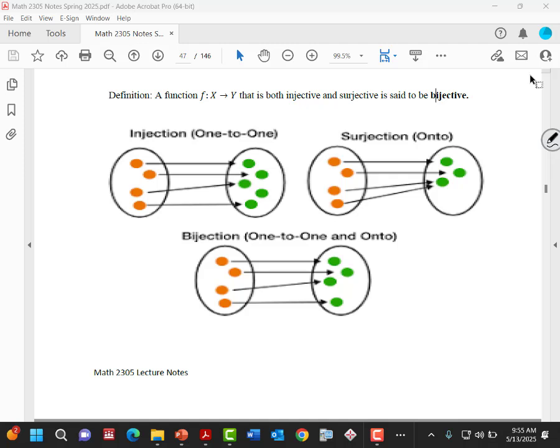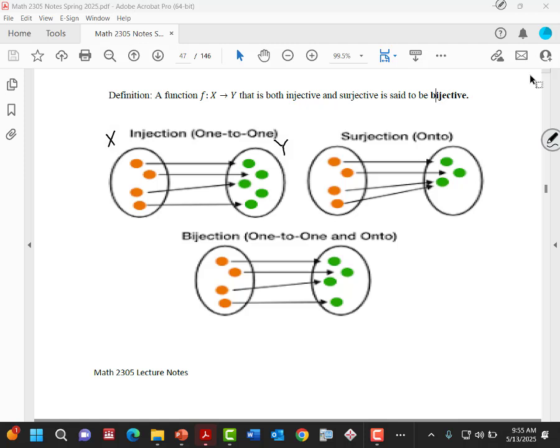So this first one here on the left is an injective function, or an injection function. It is one-to-one. I have these x's, members of the domain, and these y's in the codomain.